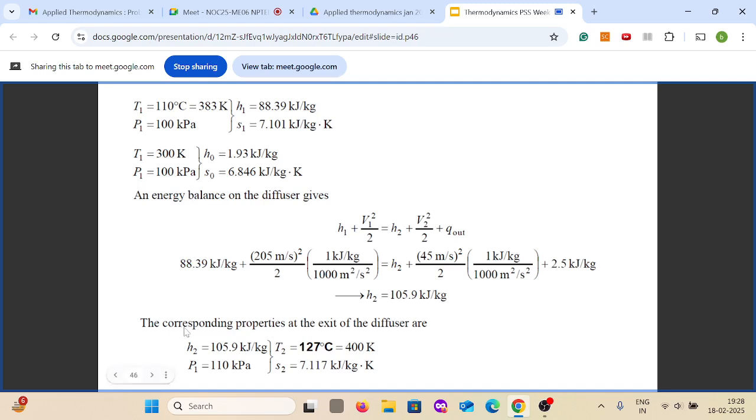So the properties at the exit are h2 of 105.9 kilojoule per kg and pressure of 110 kilopascal. With these two, I can find the temperature, which is 127 degrees Celsius or 400 Kelvin, and entropy is 7.117 kilojoule per kg Kelvin.